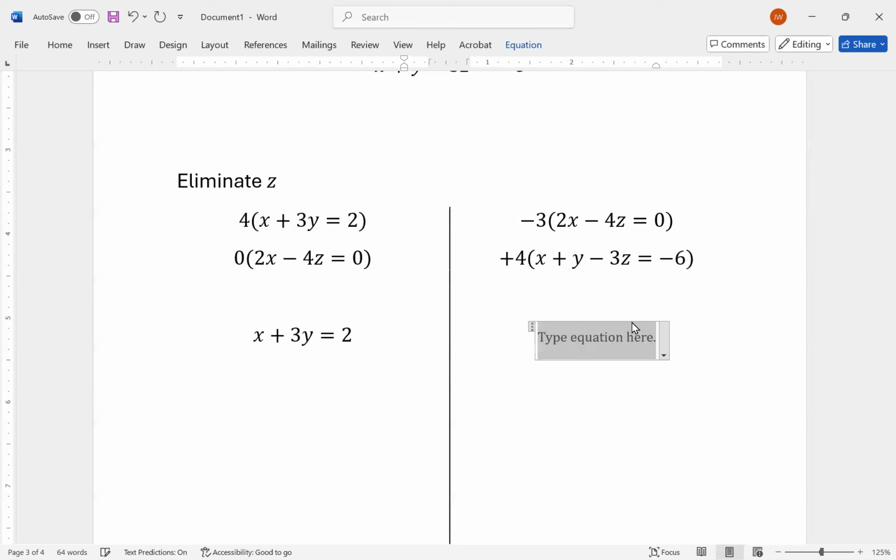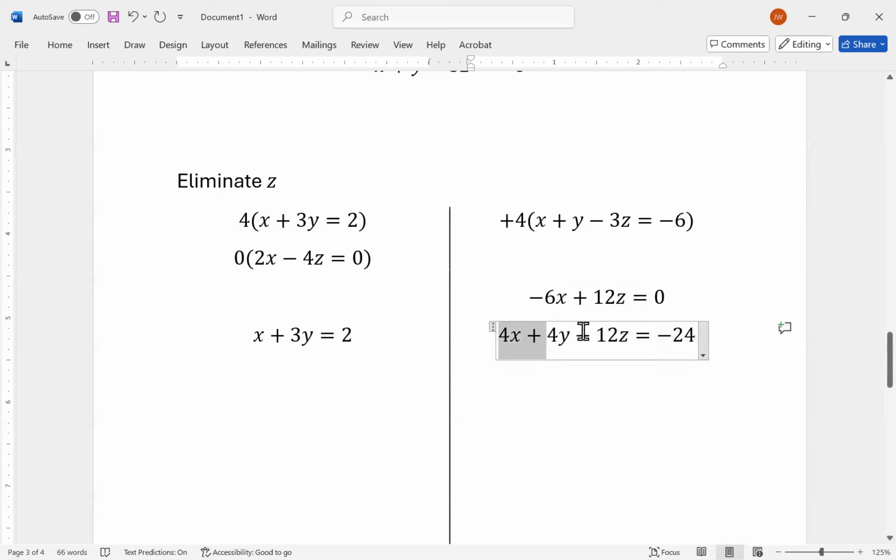This gives me -6x plus 12z is equal to 0. 0 times -3 is 0. And then I get 4x plus 4y minus 12z is equal to -24.